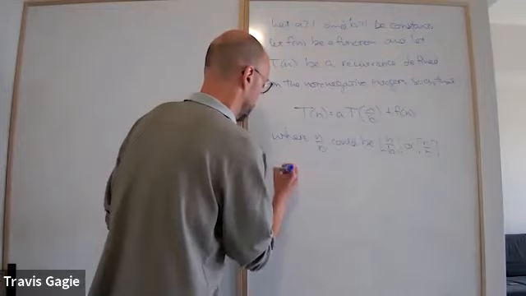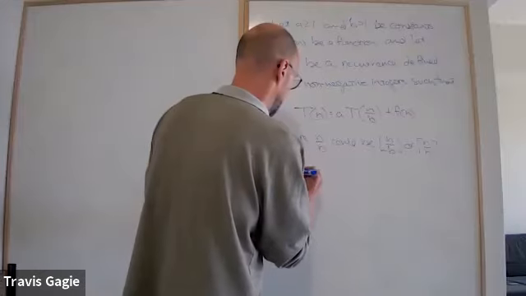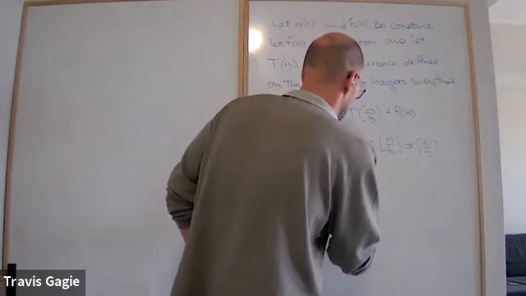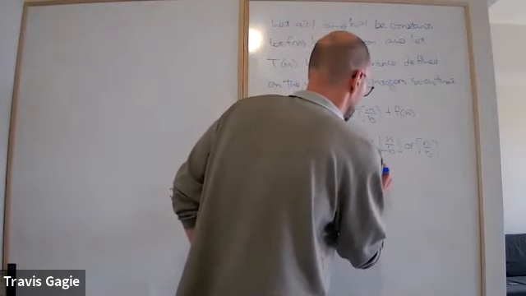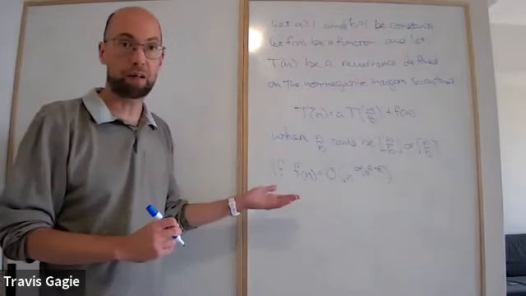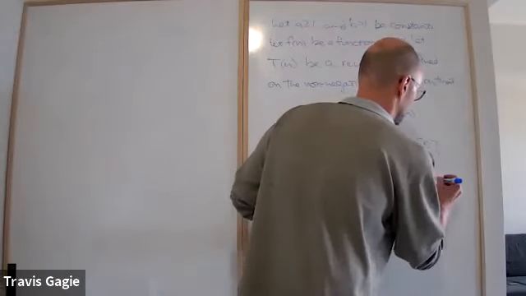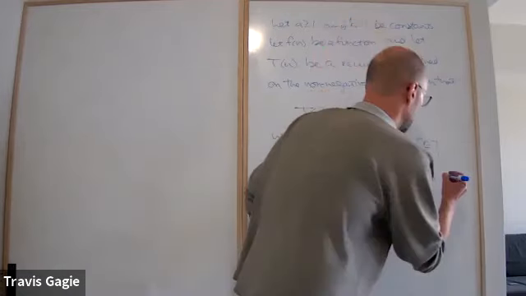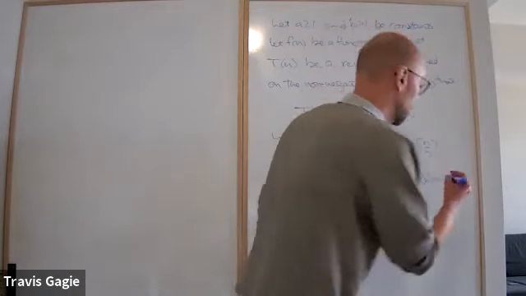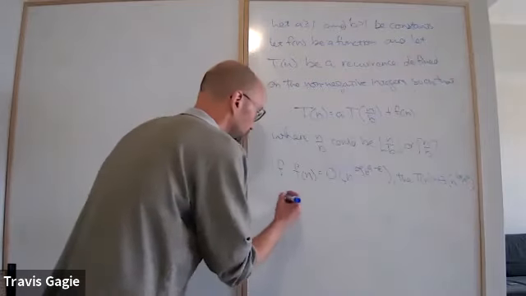So there are three cases. If f of n equals big O of n to the log base b of a minus epsilon for some positive constant epsilon, then T of n equals theta of n to the log base b of a.